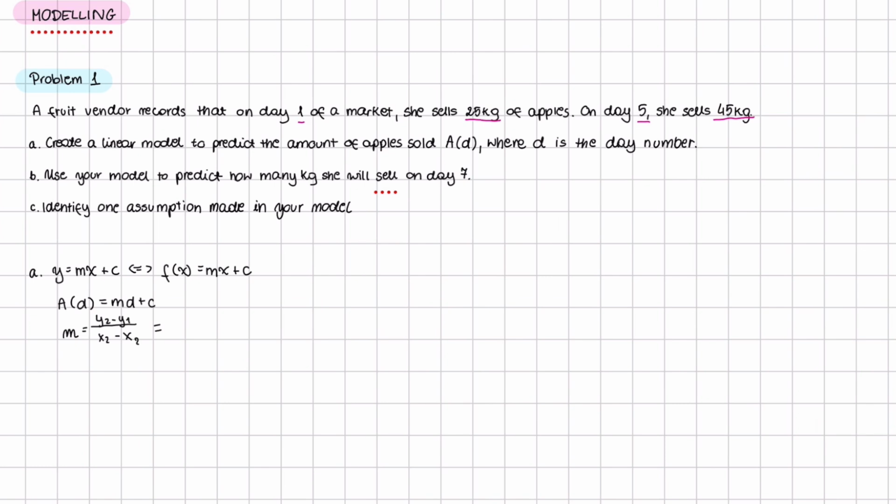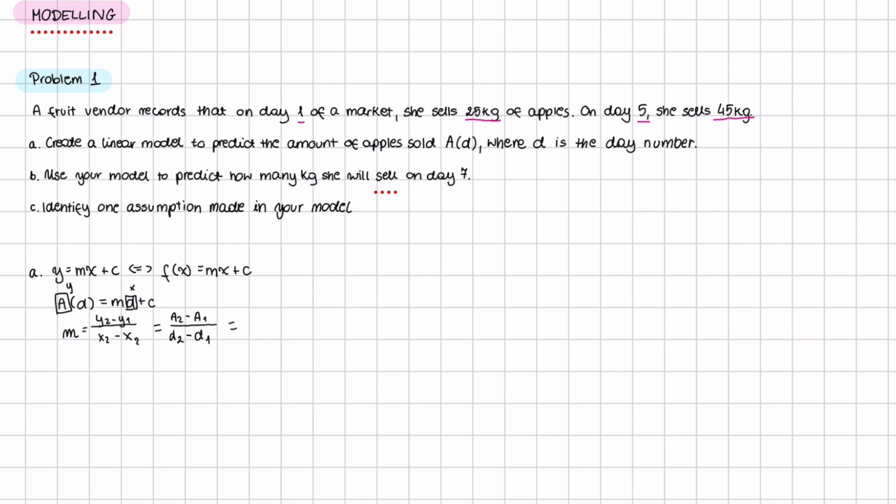Our y2 is a2, and y1 is a1, and x's are d2 minus d1, because you can see that our d is like x and our a is like y.